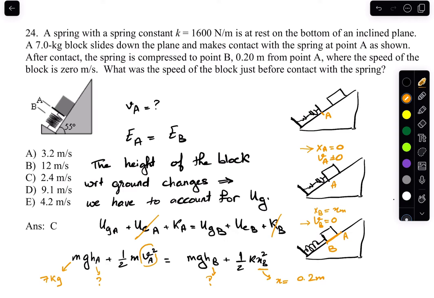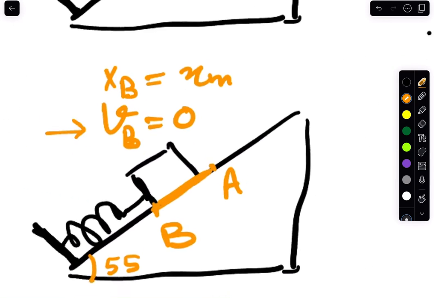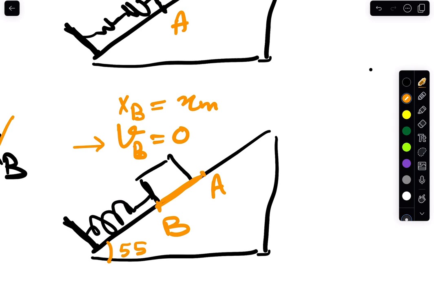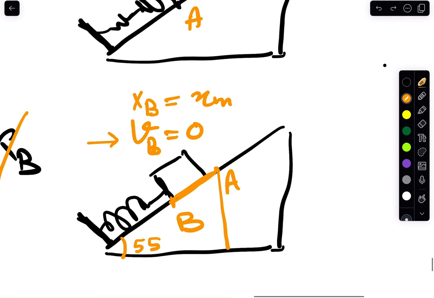Now we are given this angle here, and we can thus make use of it in order to find the heights at A and B. Now, we will not be able to find the height at A itself because we will essentially need this whole distance, which we don't know. Instead, I'm gonna find the difference between HA and HB.